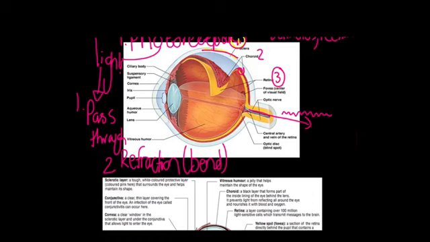So let's have a look at the structure of the eye. Number one, on the outside, my sclera. What do I want it to do? Firstly, it's a very important organ. So any organ that's important, what do I want? I want it to be protected. So this outer layer over here is very tough. It protects the eye.